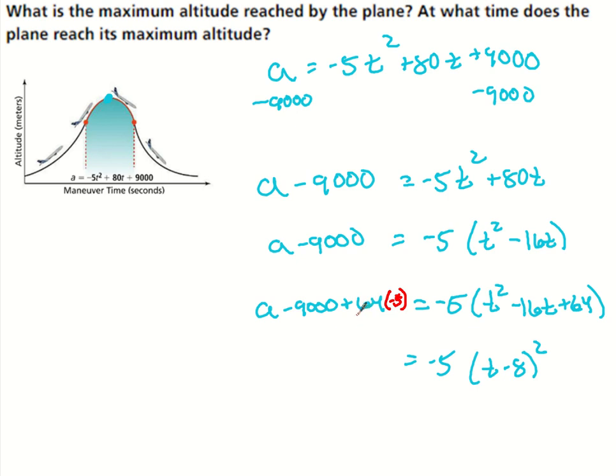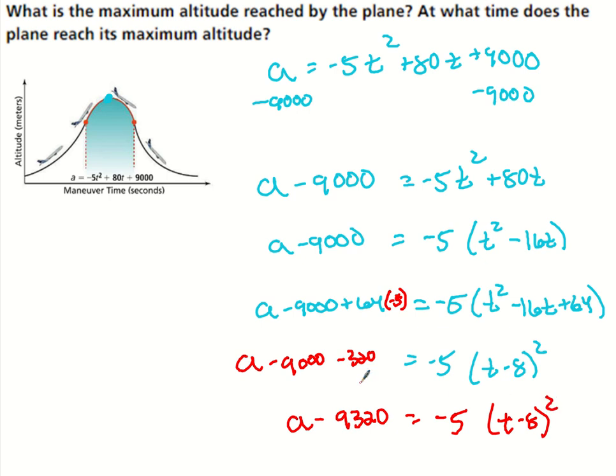I apologize, that was an error on my part. So I need to do 64 times 5, which is 320. So that's minus 9,000 minus 320. So that's a minus 9,320 equals -5 times t minus 8 squared.